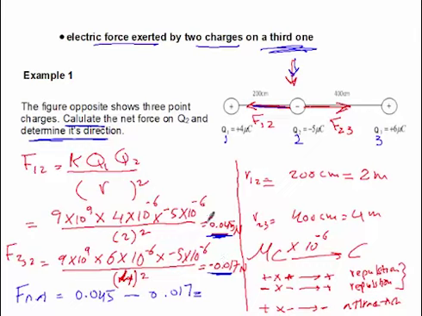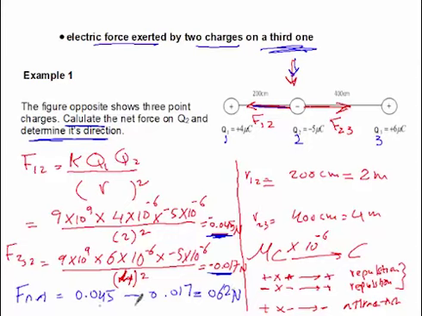Signs only show us the type of force. If it's negative, it means there is attraction. If it's positive, it means there is repulsion. So take here the values for forces without any sign, and this will give us 0.062 newtons.